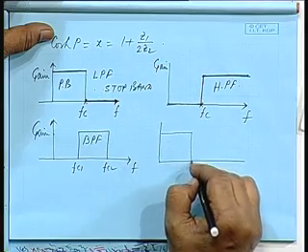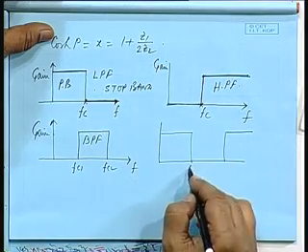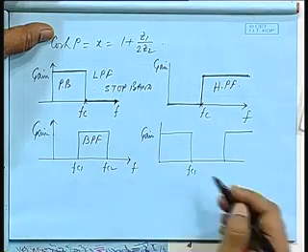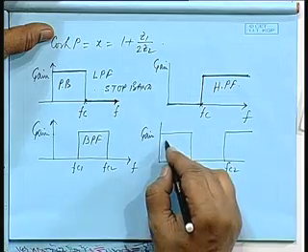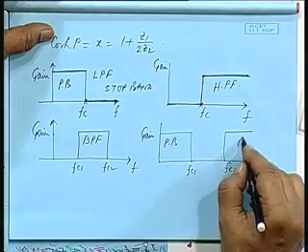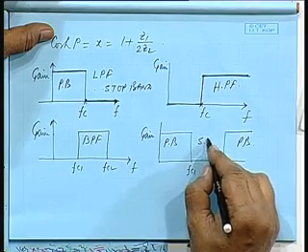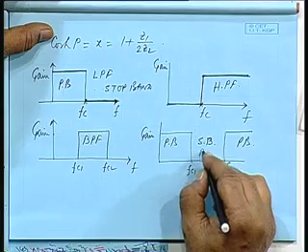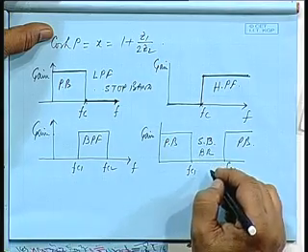That is, frequencies below FC1 will be allowed to pass through. Similarly, frequencies above FC2 will be allowed. So, this is the pass band, this is the pass band, and this is the stop band. Okay. So, this is the band reject filter or band stop filter.